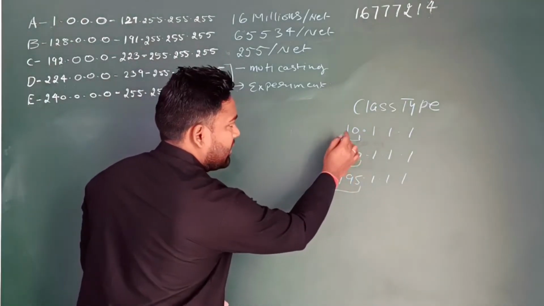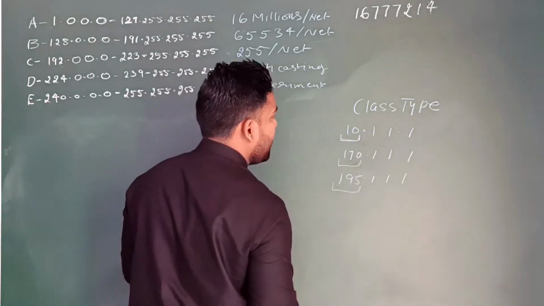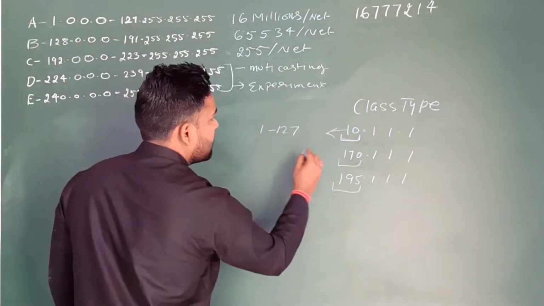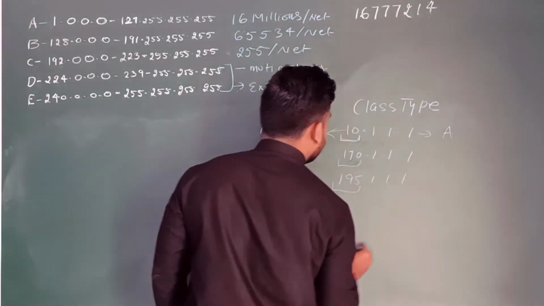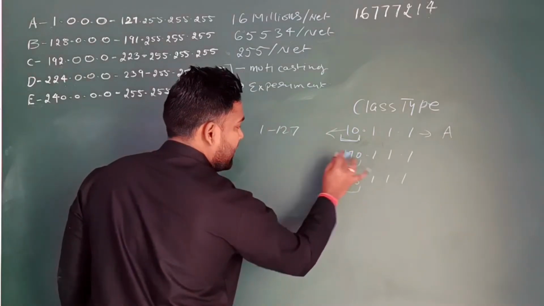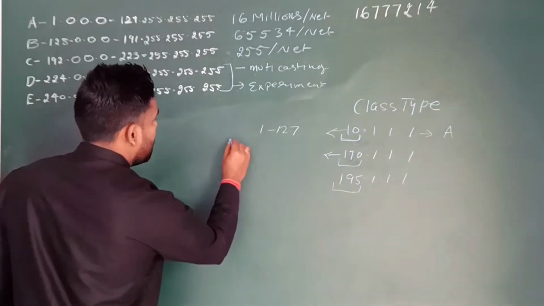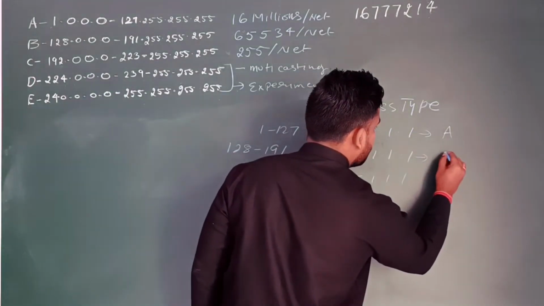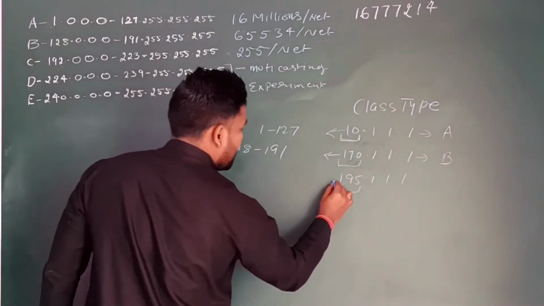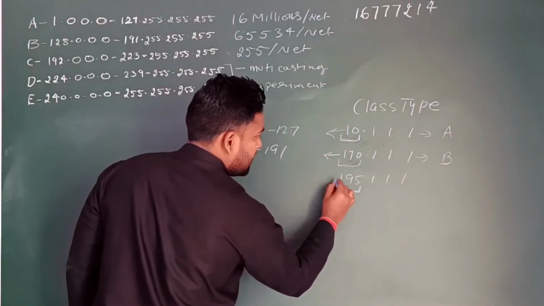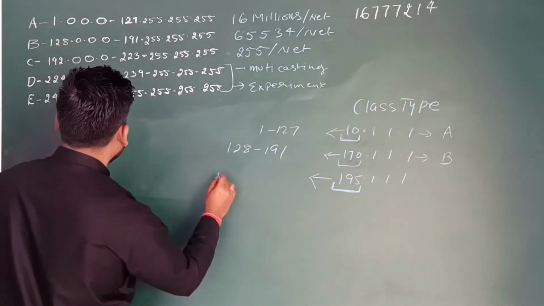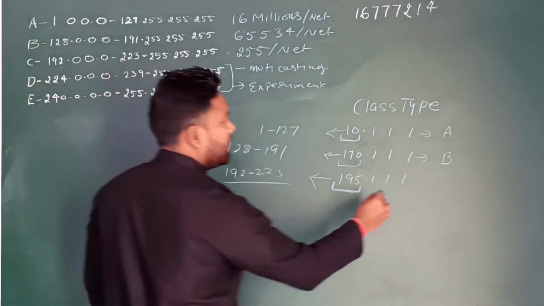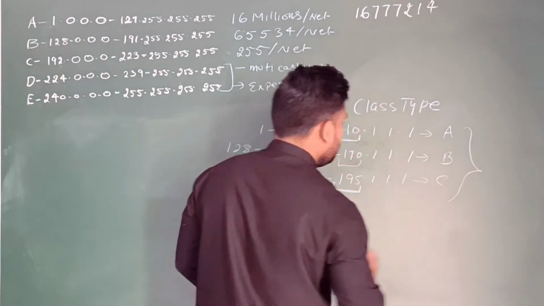As you can see, the first section of this IP address says 10. 10 falls under 1 to 127, so obviously this belongs to class A. Now 170 falls under 128 to 191, so that IP address belongs to class B. And then this IP address's first section is 195, which falls under 192 to 223, so it falls under class C, and so on.